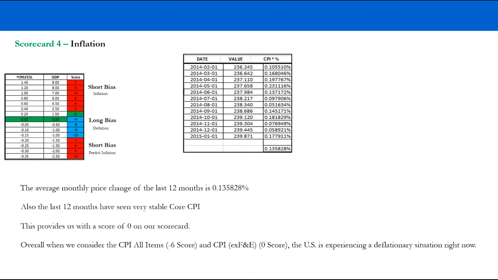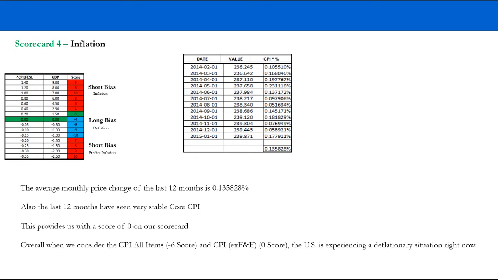And we know from our very rare occurrences that if CPI ex food and energy goes negative, this is only in 1% of times. And if it goes to zero, this is in 12% of times, so zero or negative.